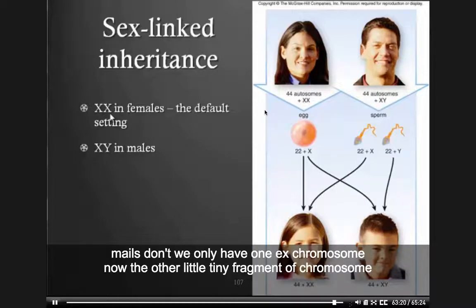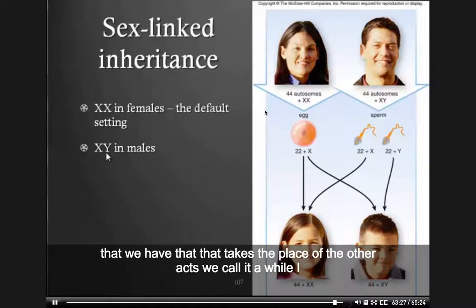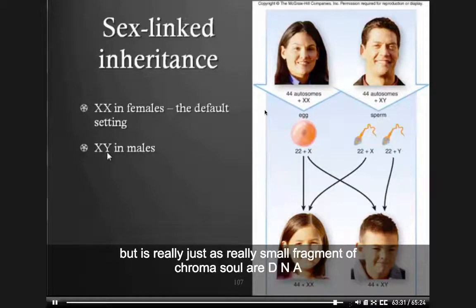Females have two X chromosomes, and males don't. We only have one X chromosome. Now the other little tiny fragment of chromosome that takes the place of the other X, we call it a Y, but it's really just this really small fragment of chromosomal DNA.